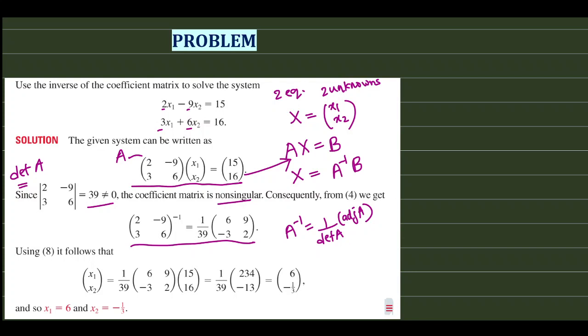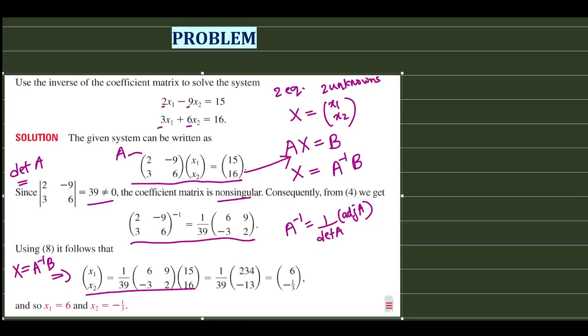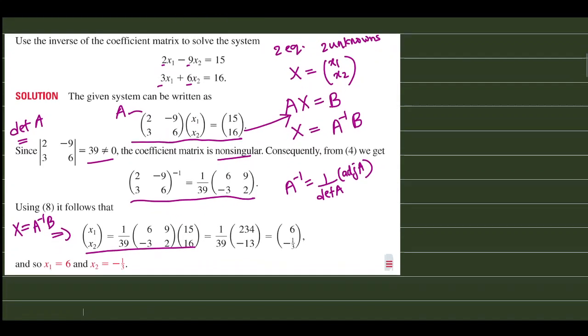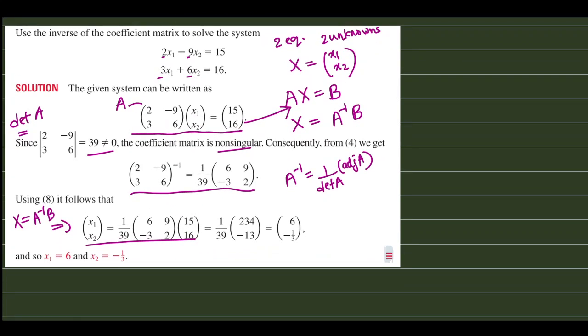Now we can write the solution x equal to A inverse b. So this implies x is x1, x2. Then we substitute the value of A inverse and b, and if we do the matrix multiplication, we get 1 by 39 into 234, minus 13.